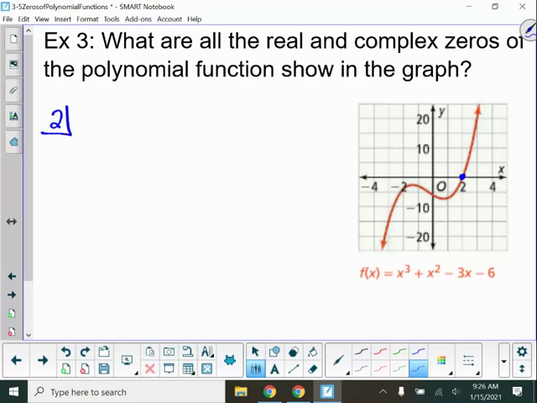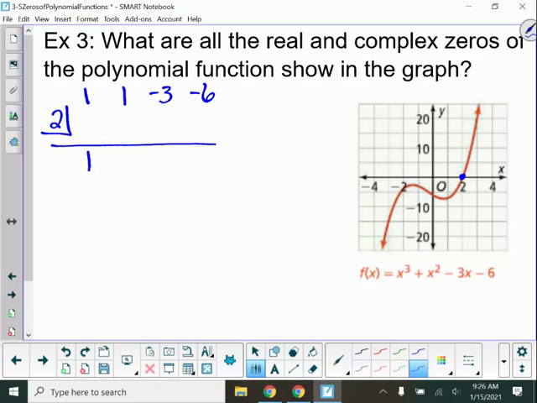Or the better option would be to check using synthetic division. Because with synthetic division, if 2 is a zero, that means I should get 0 for my remainder. So I'm going to take my coefficients of the function down below, the x cubed plus x squared minus 3x minus 6. So I have a 1 and a 1 and a -3 and a -6.